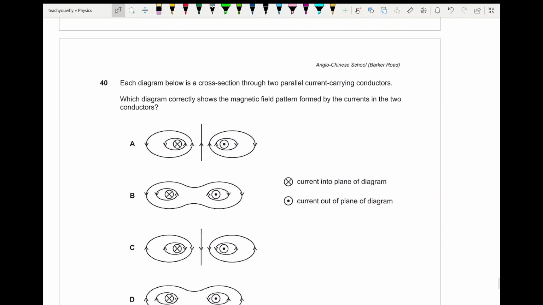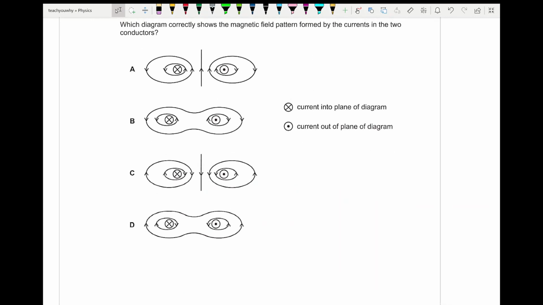Okay, last question. Each diagram below shows a cross-section through two parallel current carrying conductors. Which diagram correctly shows the magnetic field patterns formed by the currents in two conductors? Okay, so as usual, I will do this.